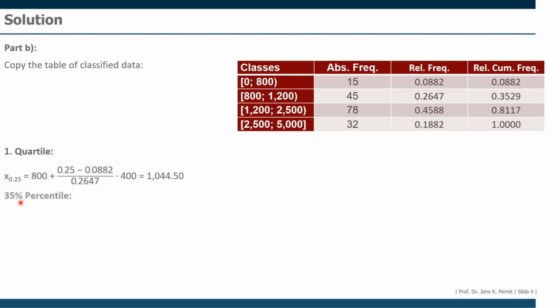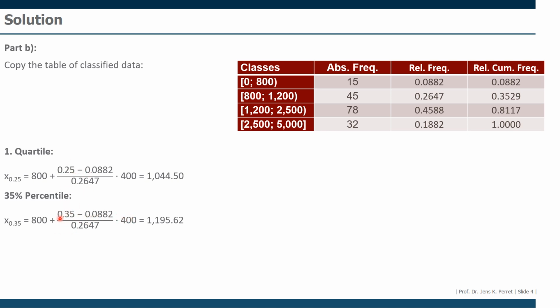So that's the first part. Then we have to continue with the 35% percentile. So let's check again which of the classes is the first one with a relatively accumulated frequency larger than 35%. Well, incidentally, it's again the same class, the second one. So we can copy more or less all of these values except for that one.